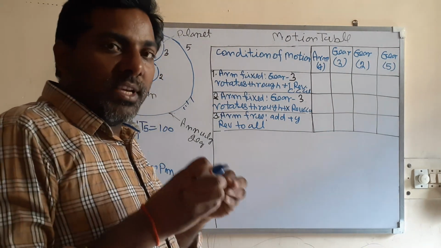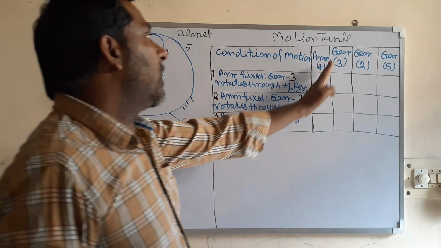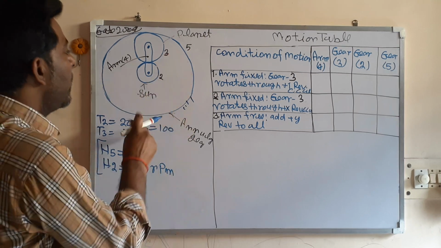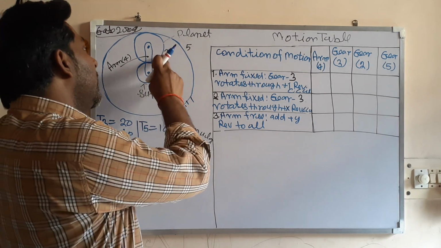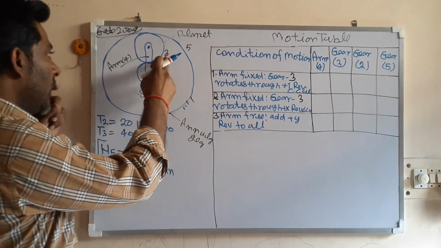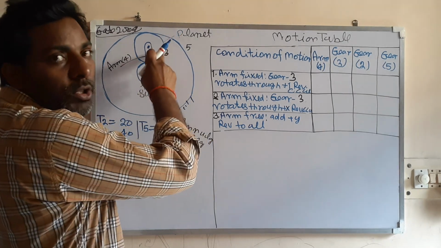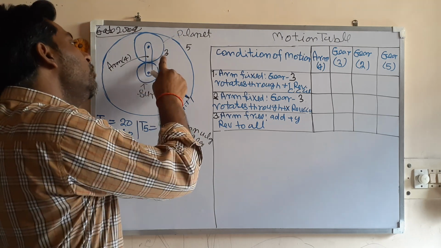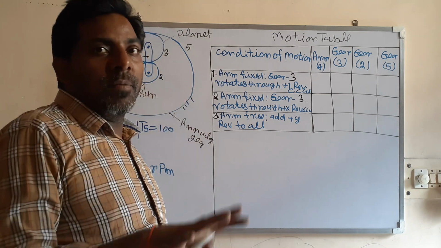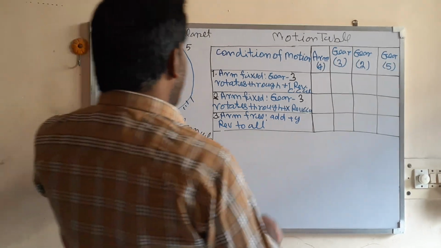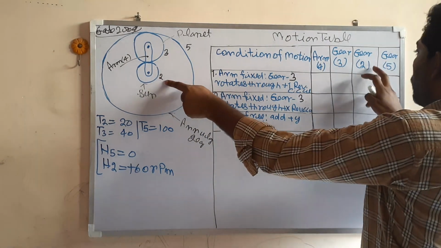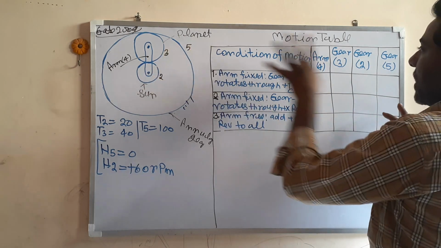Look here, gear 2 is meshing only with 3, and gear 5 is meshing only with 3, but gear 3 is meshing with both 2 and 5. So after the arm, you take gear 3, and the calculation can be minimized. Then you take any gear randomly. I am taking gear 2, then gear 5.